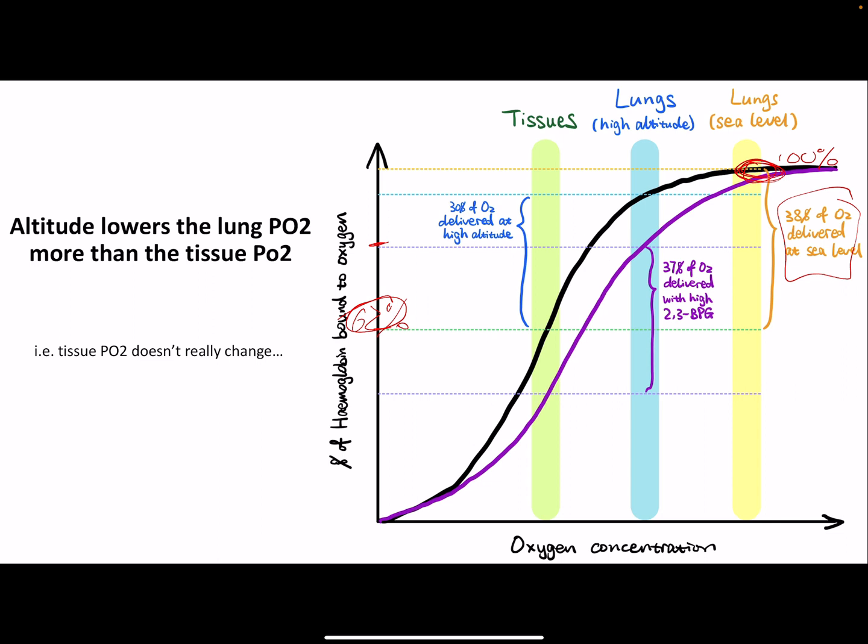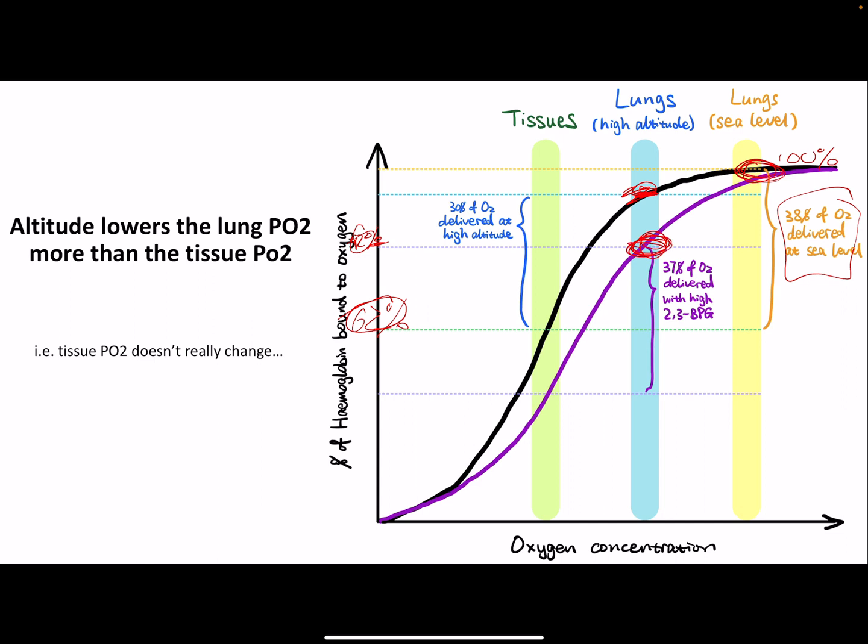This is 30%, and 62%, so I guess this is going to be 92%. So instead of getting 100% oxygenation, now we're just going to get 92% saturated. When we go to the lungs, that should be right here. So 92% is right there. That's how much we pick up when we're on Mount Everest.